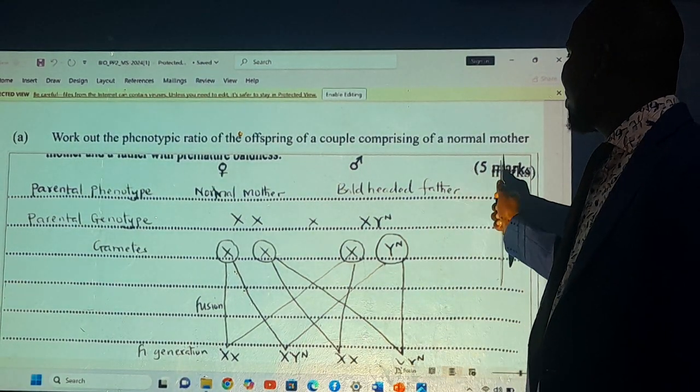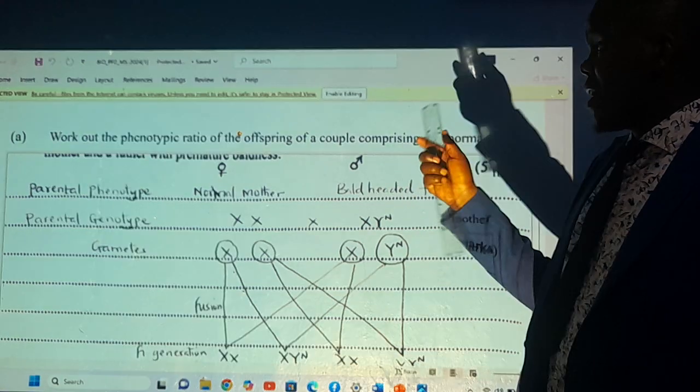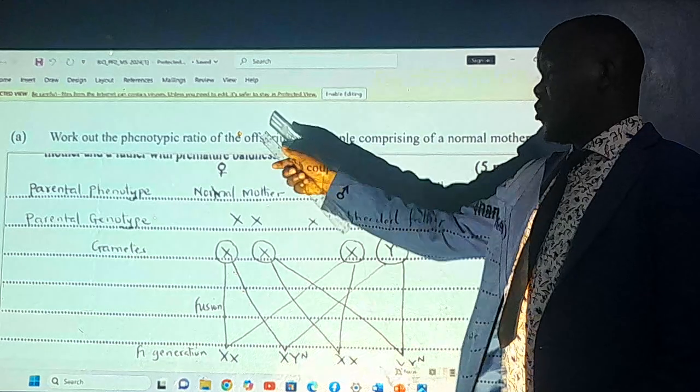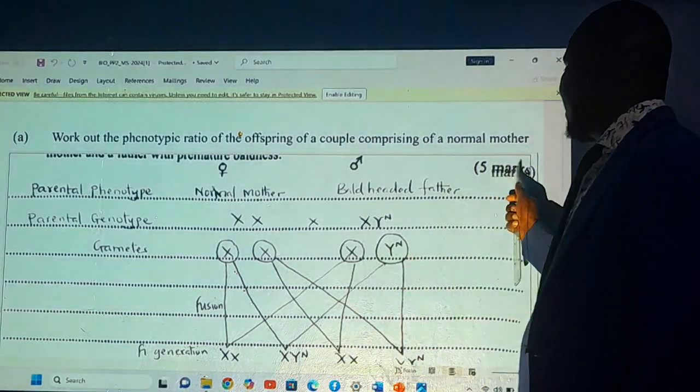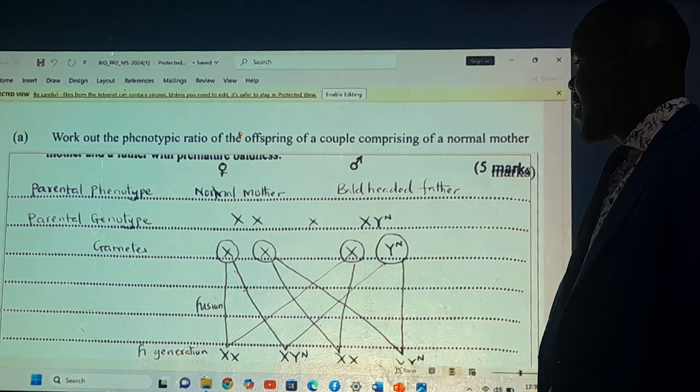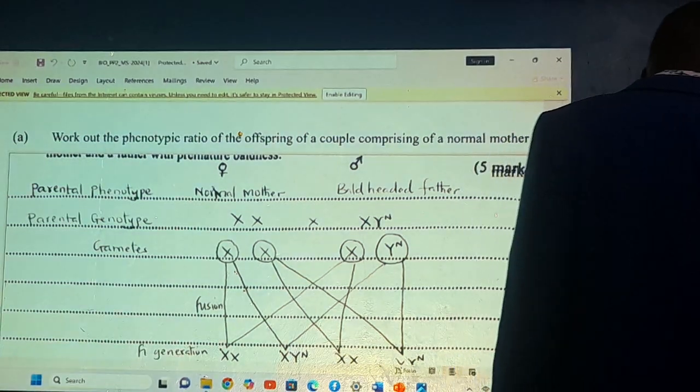This is the first mark. Because we are asking about the phenotypic ratio, one mark will come from the ratio you give us. So the four marks are the first, second, third and fourth marks.